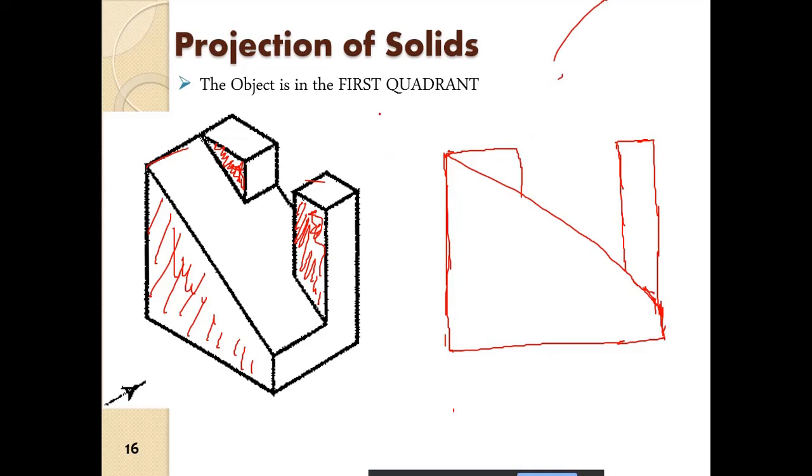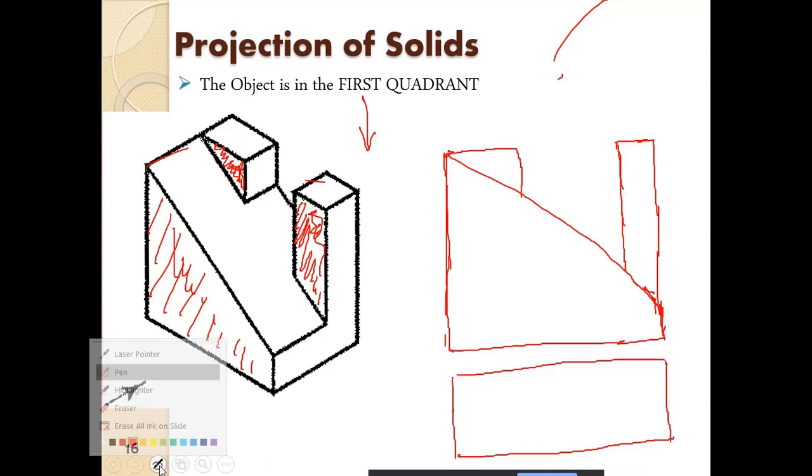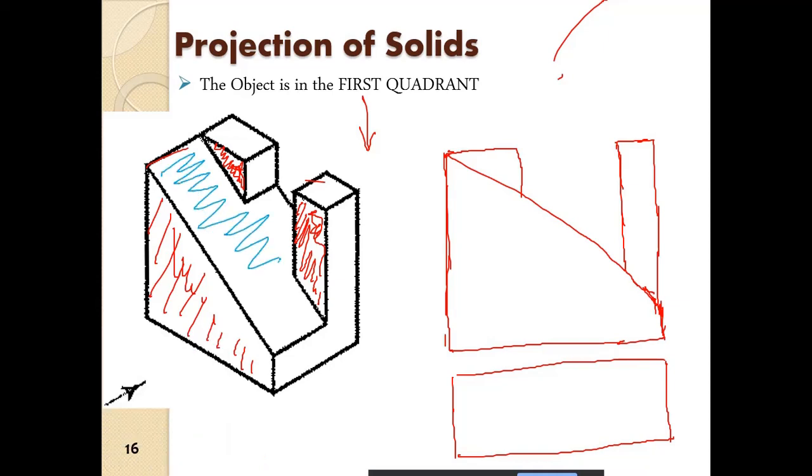And then when we see from the top, what we will see? So we will see the outer edges. All right, so we will see this entire surface. So let me change the color maybe. So we will see this entire surface. This surface we will see, and this surface we will see, and this surface we will see.